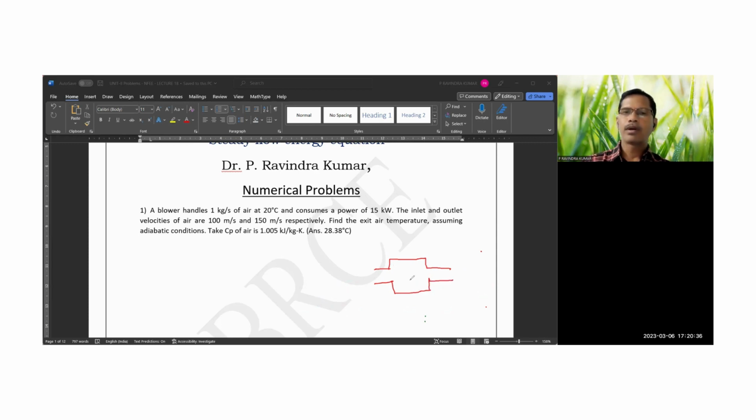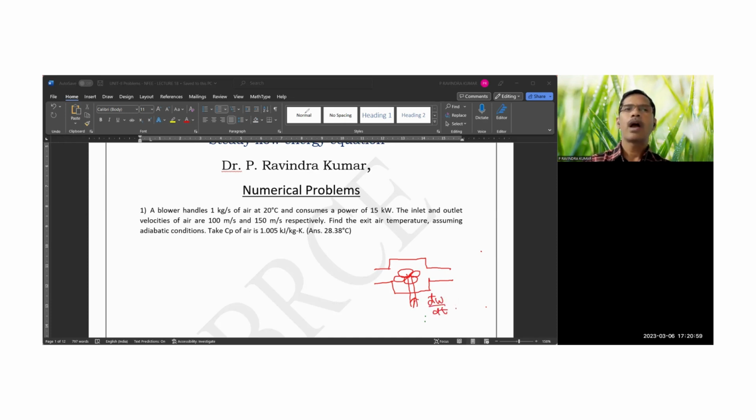Here you are giving the work input, that is d bar w by dt.